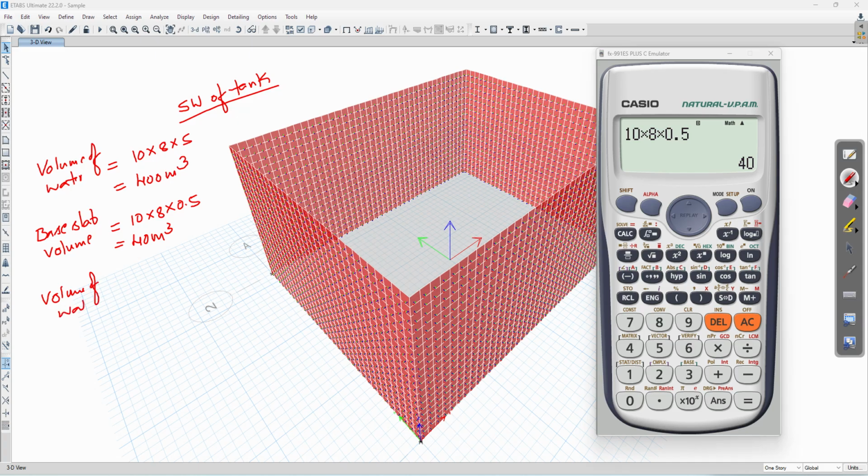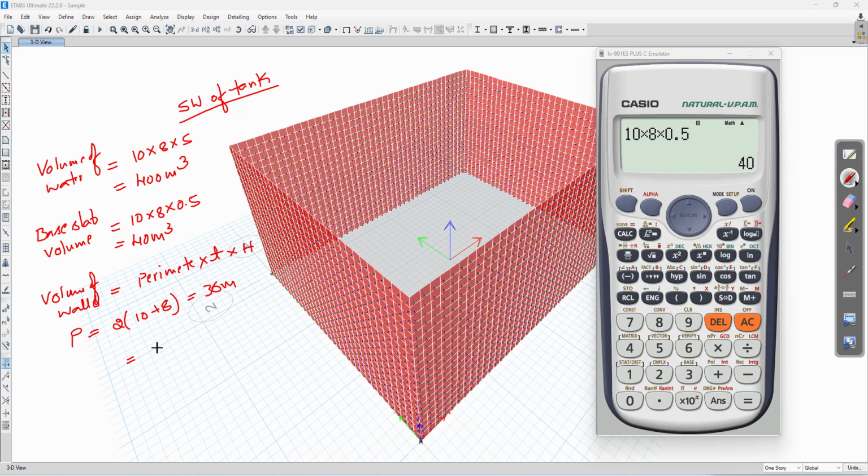And you need the volume of walls, for which you need the perimeter multiplied by thickness multiplied by height of the tank. The perimeter is 2 times, which means 2 walls of 10 meters plus 2 walls of 8 meters. So the total perimeter will be 36 meters.